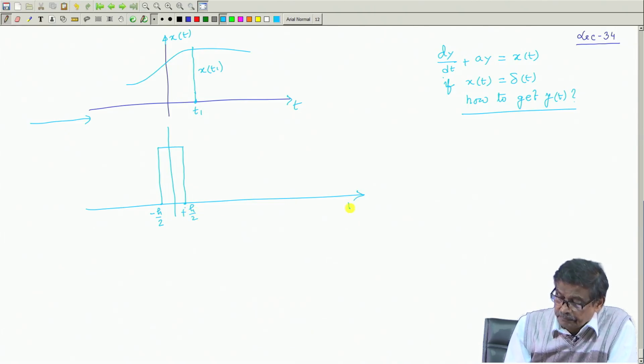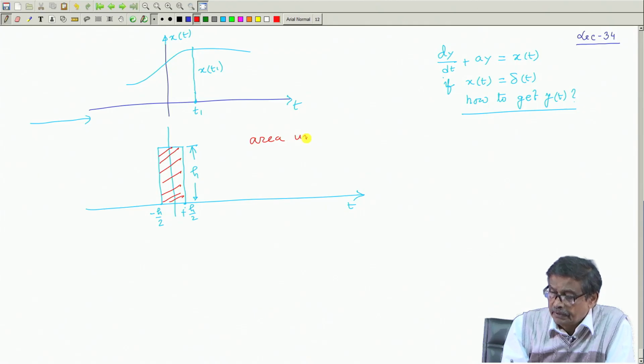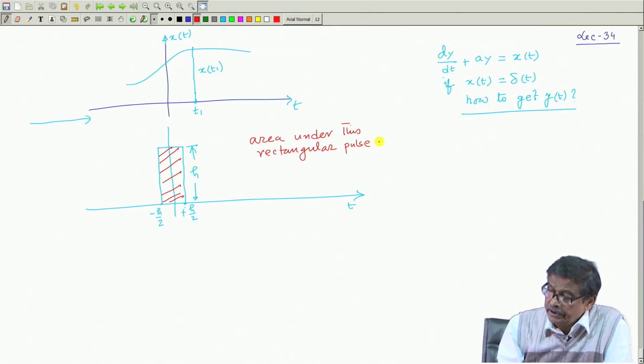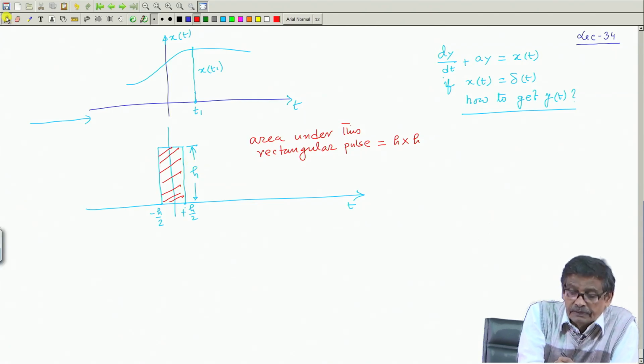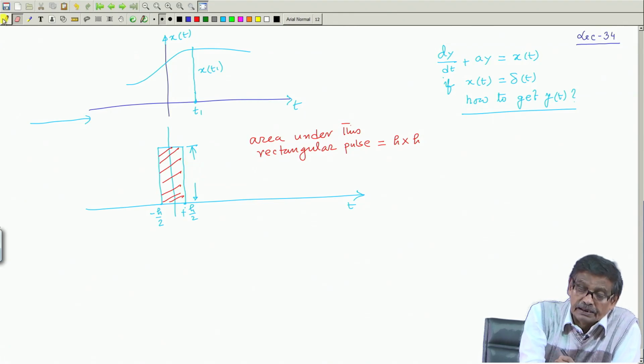These are the times, and the height of the rectangle is, I am sorry, suppose you make it 1 by h.